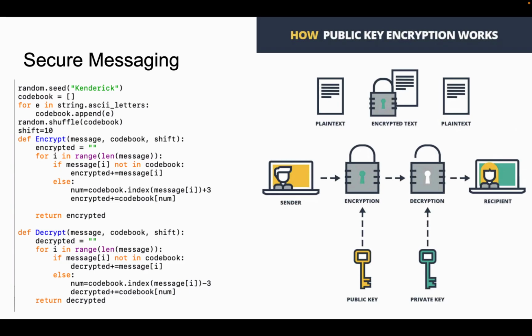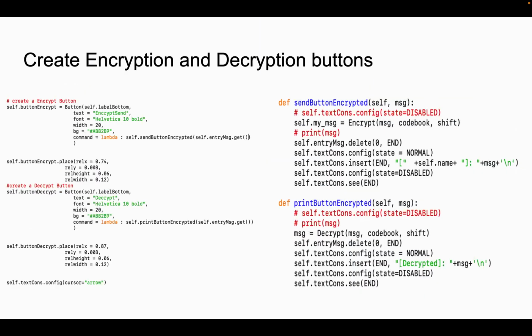And additionally, we created encryption and decryption buttons. We created both buttons just like the send button. These are the additional features we added, and we set up the text size, the font size, the width, and the command.